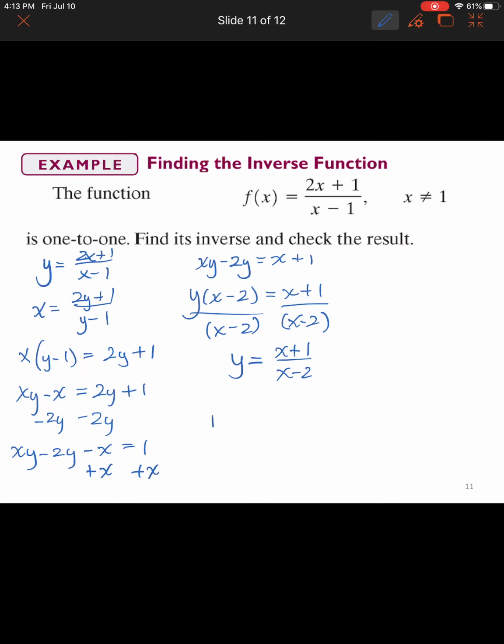And we have f inverse of x equal to x plus 1 over x minus 2. This x cannot equal 1 at the top simply means that 1 is not in the domain. Looking at the denominator for your inverse, x cannot equal positive 2.